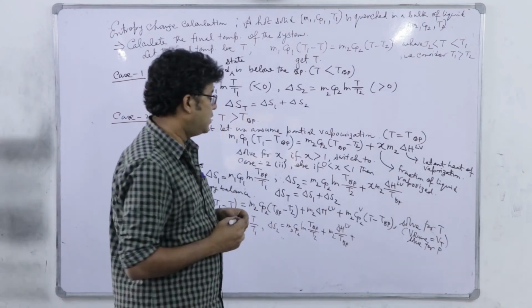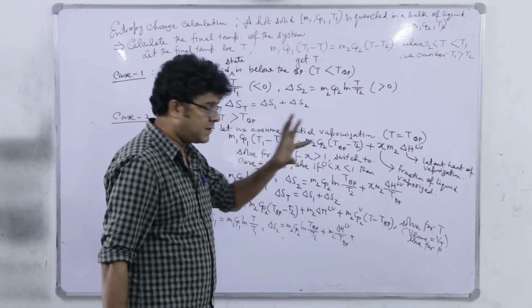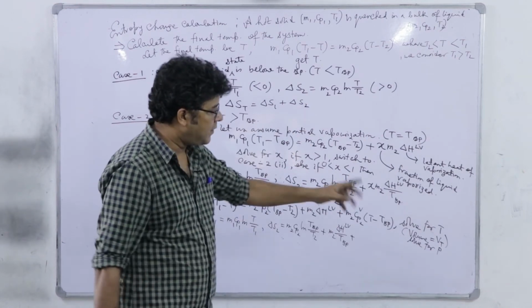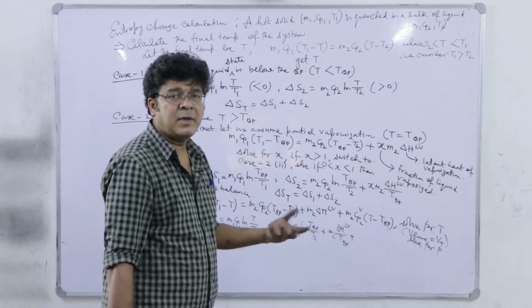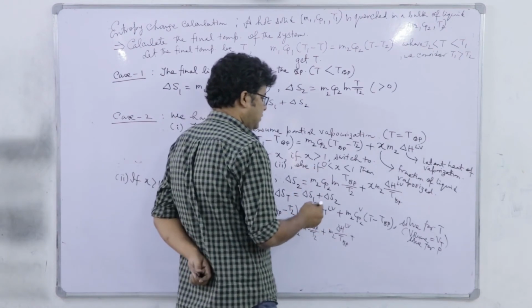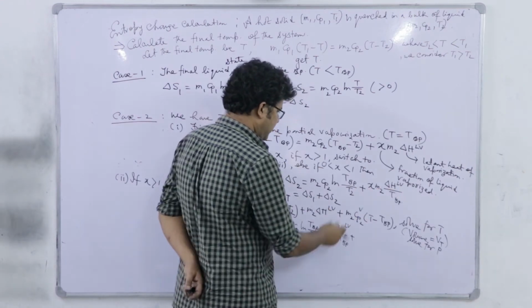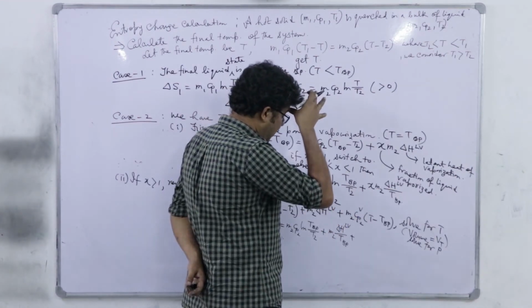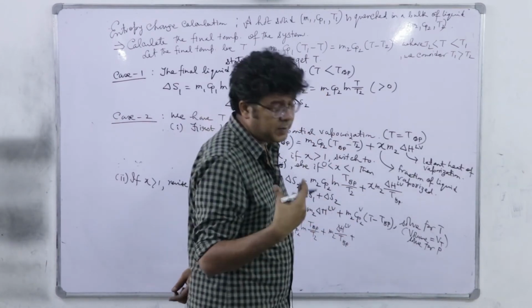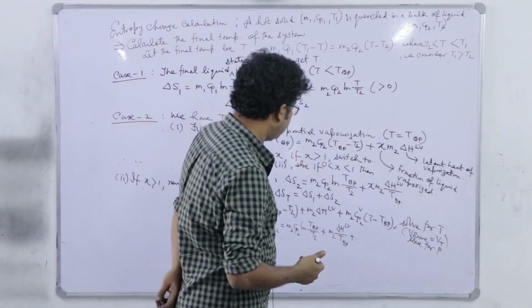Because everything is vaporized except the solid object, the final pressure is to be calculated using certain gas laws or the steam table, whatever, right? So basically you have to use the gas law, ZRT by P, or this M2, how many moles you are getting. So from there you have to calculate.